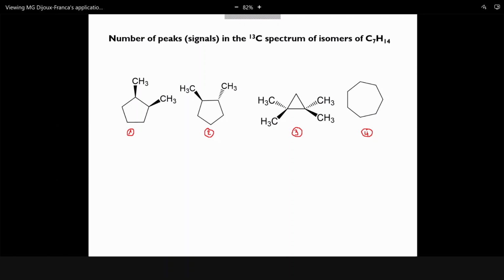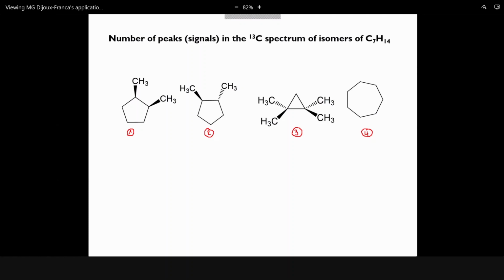For which carbon? Wait, no, I think there would be three.